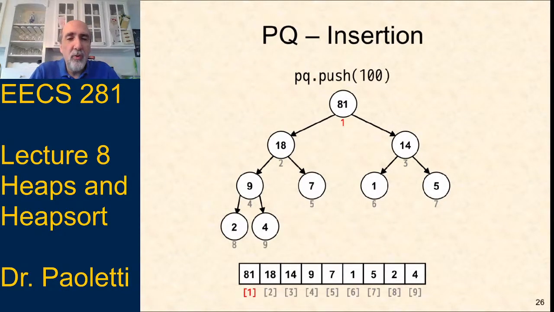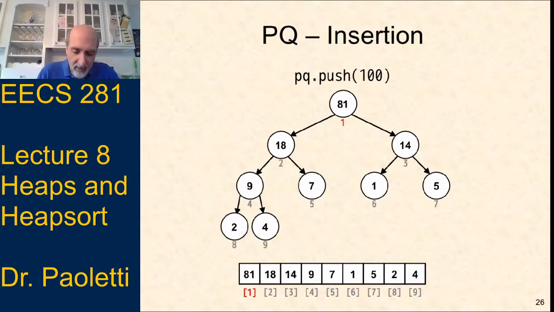So what we want to do is push. Well, we've got this vector representation behind the scenes. So when I say priority queue push 100, really behind the scenes, it has to put it into the vector. So where's the most convenient place to add things to a vector? The back. That's why vectors have a function called push back. So we push back to the back of the vector.